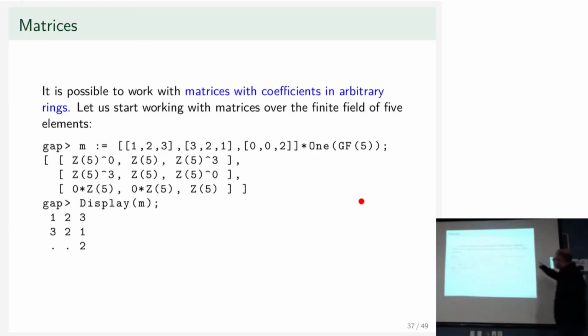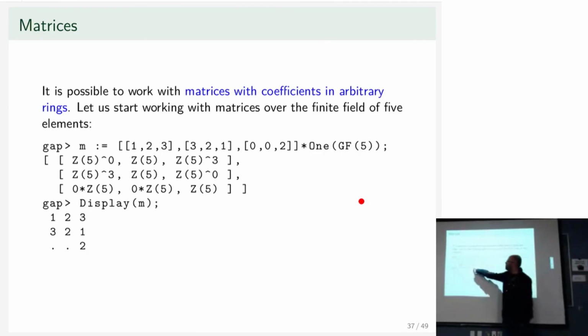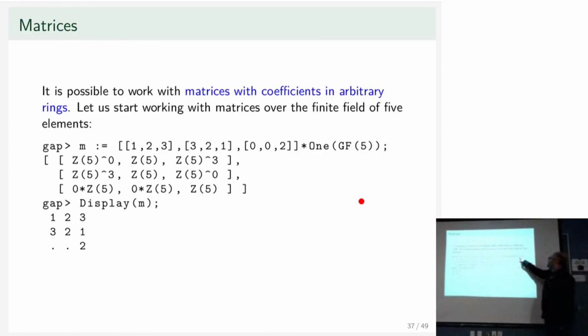Well, the trick is just to multiply my matrix by the one of this field, and Magma will understand that all the matrix will live in my field. Okay? So this is how you convert this into this, which is the same thing. Because if you just do display, then you see something pretty nice. Okay? And of course, you don't need a 5 here, right? You can put a 7 or something.